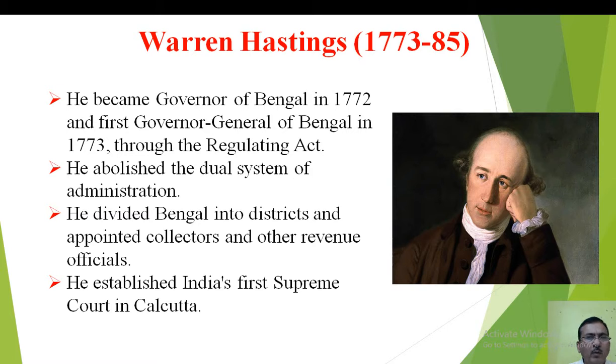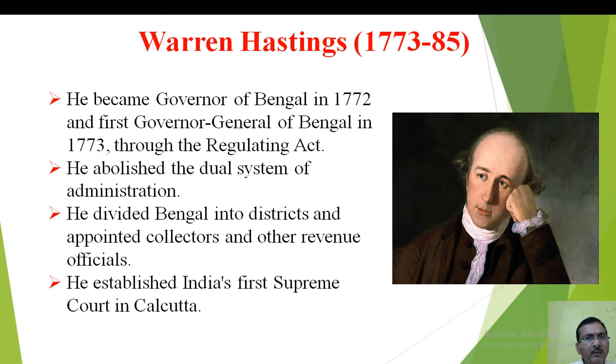These were the major provinces, controlled and commanded by the governors of each province. But as per the provisions of the Regulating Act 1773, the governor of Bengal was elevated to the post of Governor General of Bengal.